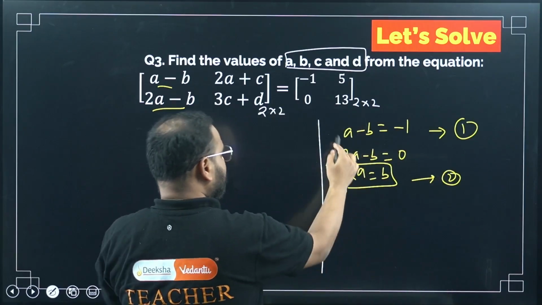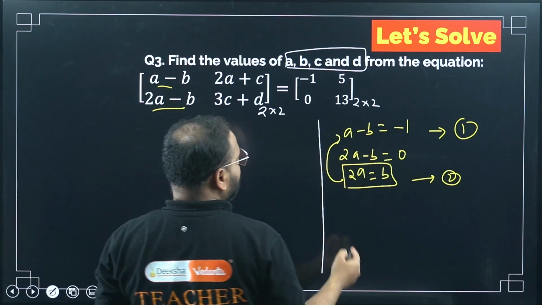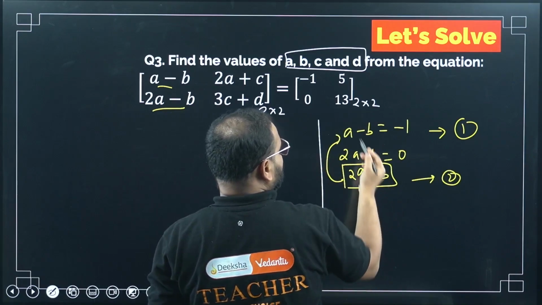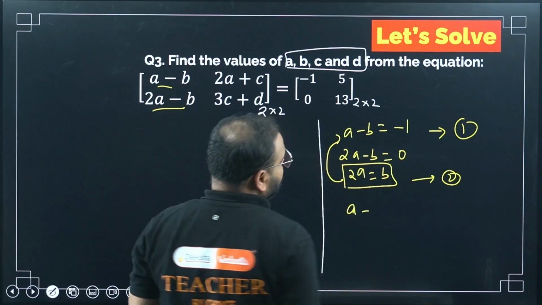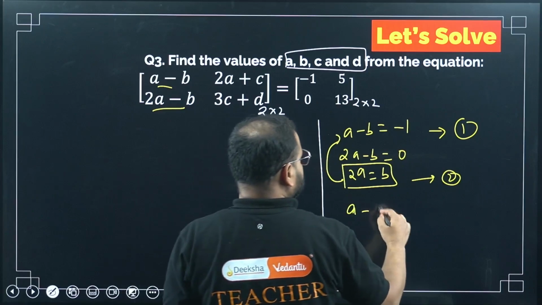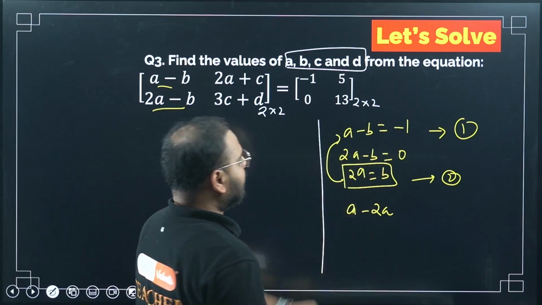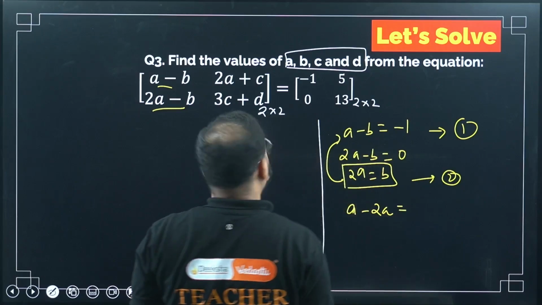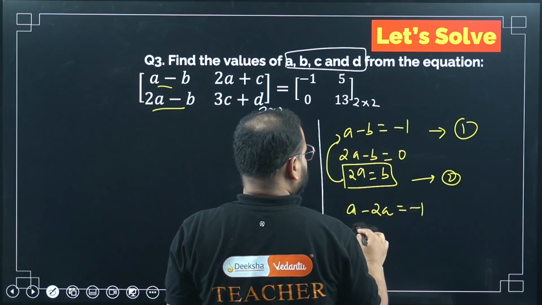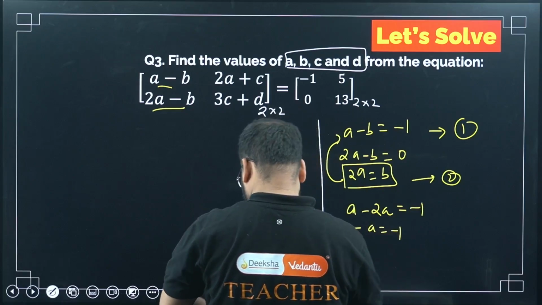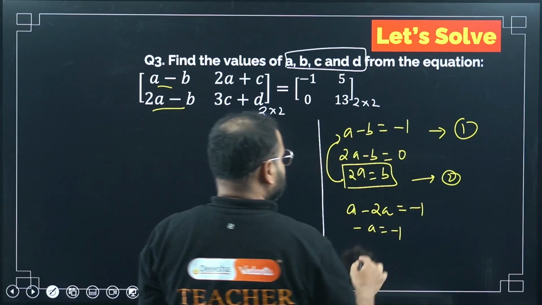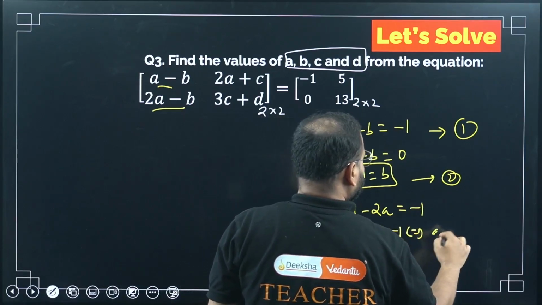I can use this over here. Instead of b, I'll keep 2a. So a minus 2a equals minus 1. So I get minus a equals minus 1. What is my a equal to?